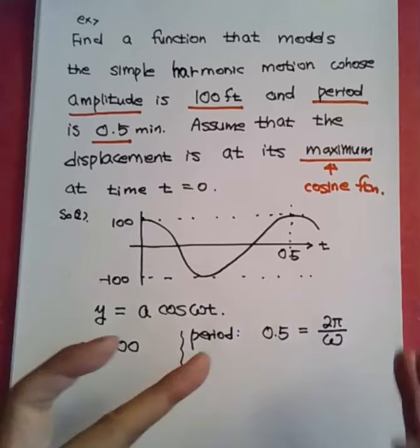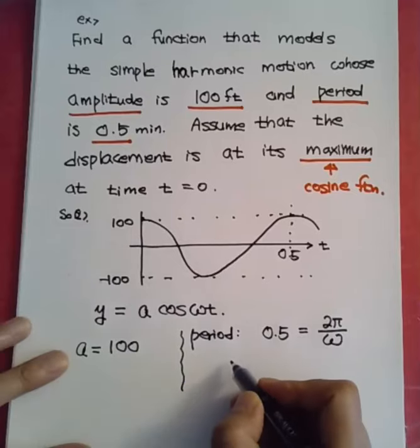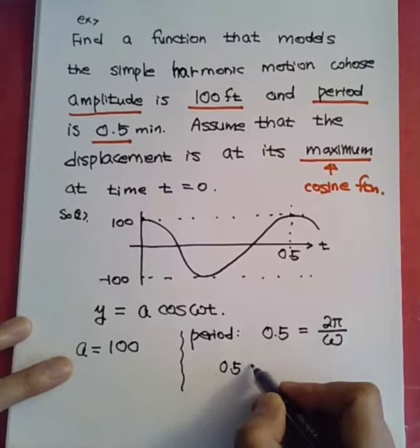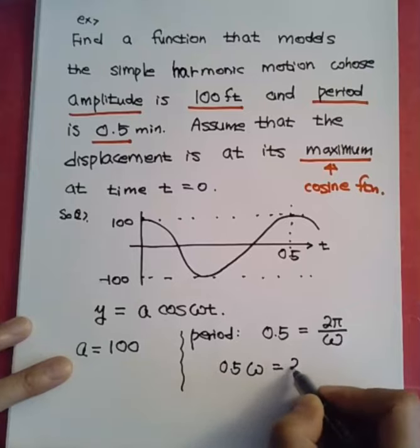So we multiply by omega on both sides, then that becomes 0.5 omega equals 2 pi.